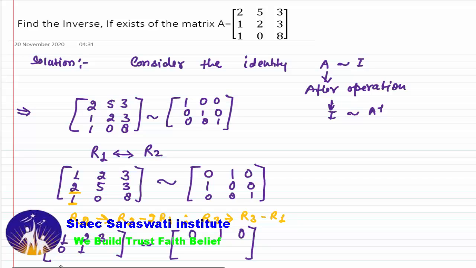Okay, and that will be 6. When you apply 3 minus 6, that will be minus 3. Okay, when you minus from R3, it gives 0, it gives minus 2, it gives you the 5.